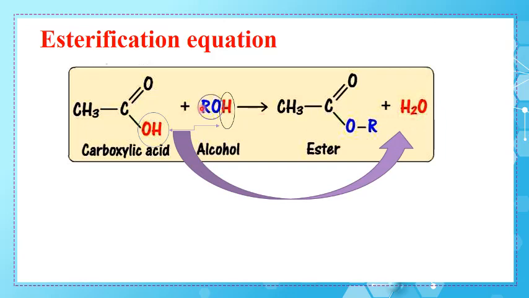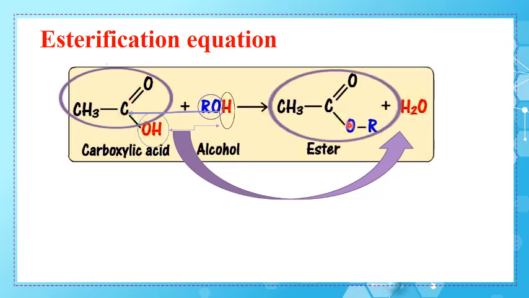I will still have RO from alcohol and this part from carboxylic acid. This oxygen here will come to this carbon and the ester will be formed having COO as functional group. And pay attention here, there is a mistake. It's reversible, so here there must be an arrow in the reverse direction.